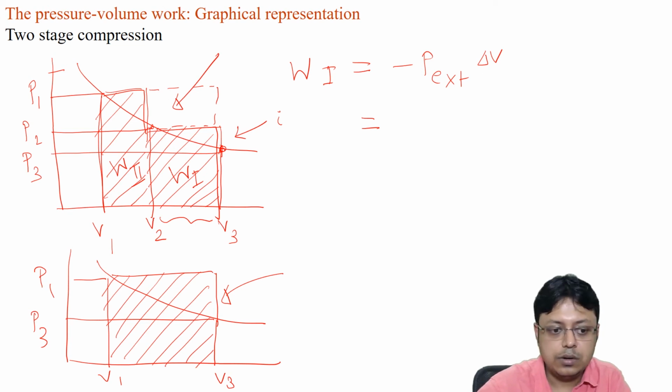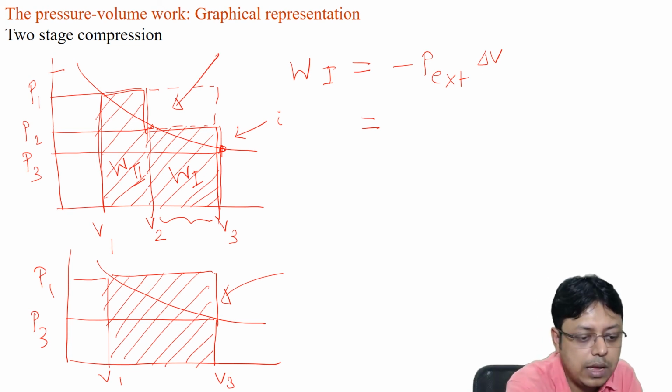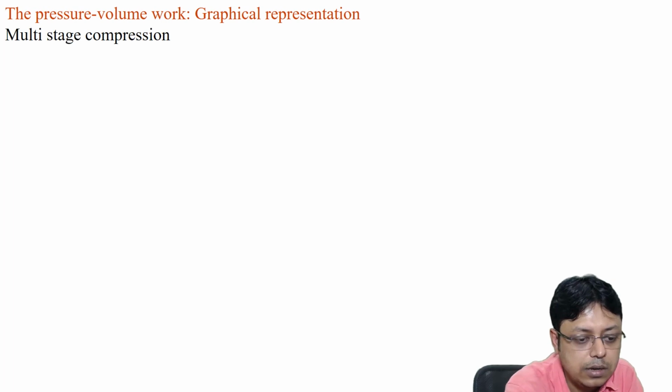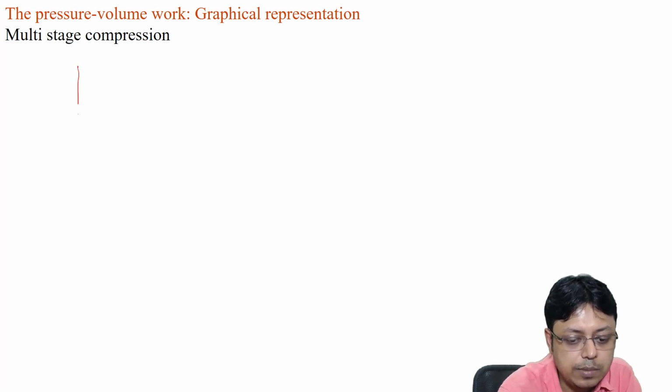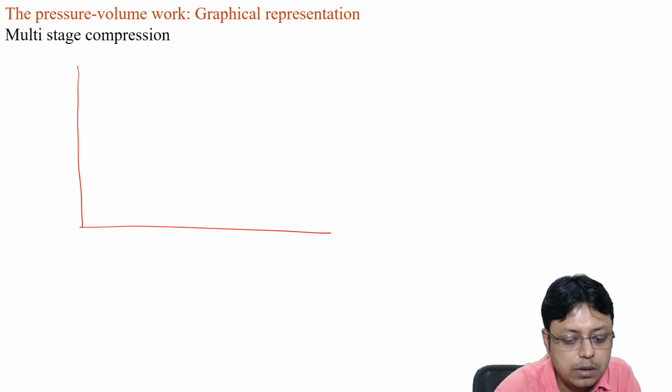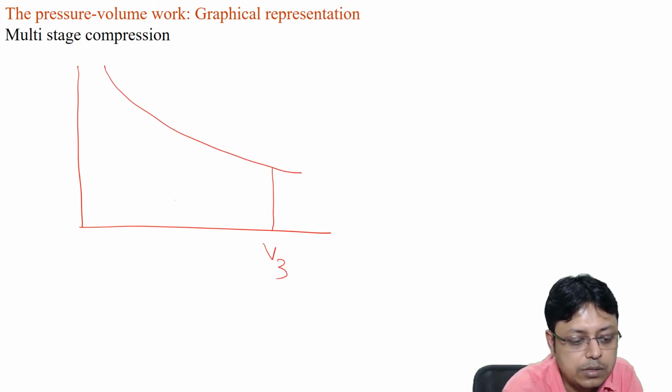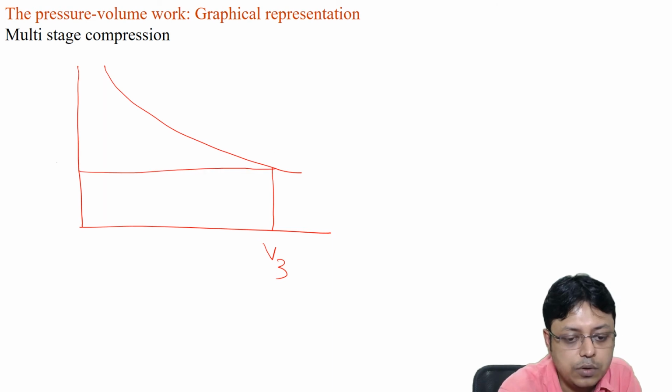Let us just try to draw that. What will happen for the multi-stage compression? In this case, remember that we have to increase the external pressure every time. So in the same token, we have to increase the pressure a little bit so that the gas is compressed. The gas will get compressed until it reaches equilibrium, which is at this point.